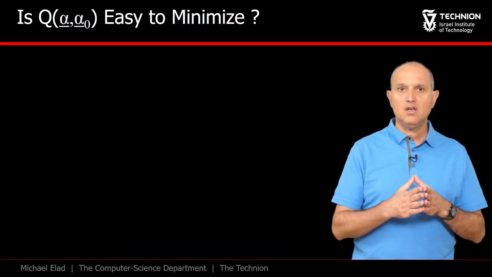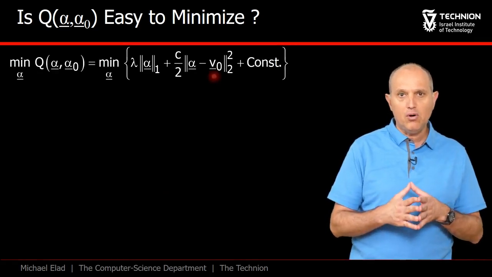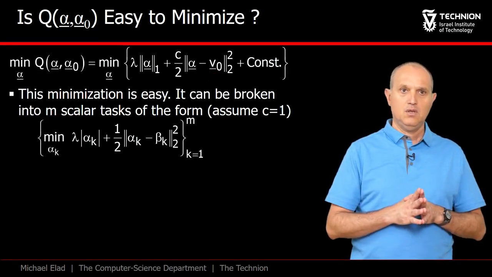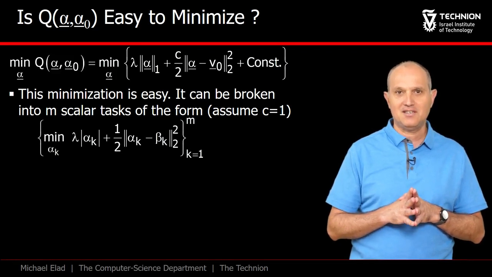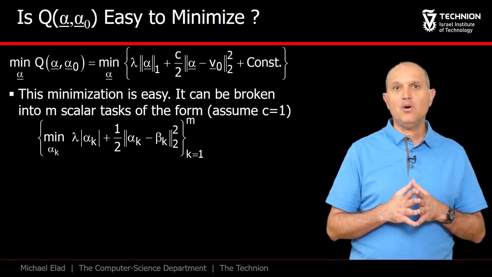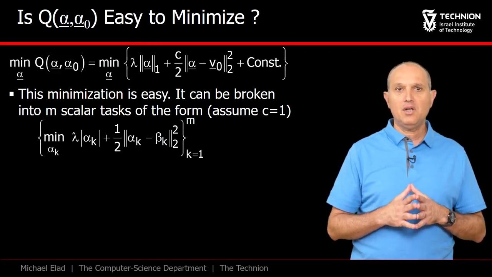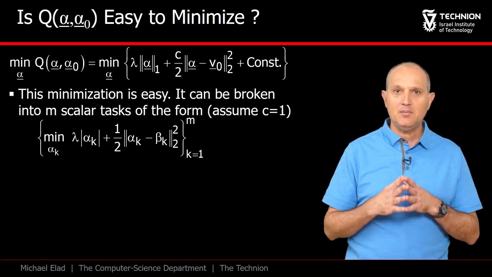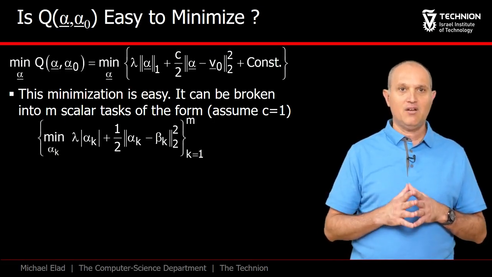We have just seen that q has this form, where now we have defined the green expression from before as v0. Is this minimization easy? Luckily for us, the answer is definitely yes. And this must remind you of something we already did. The expression we got can be broken into m separate 1D optimization tasks of the same form, each handling one entry in alpha.